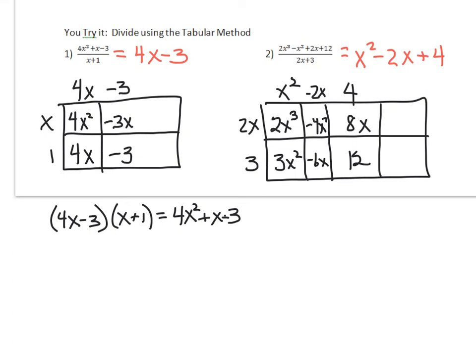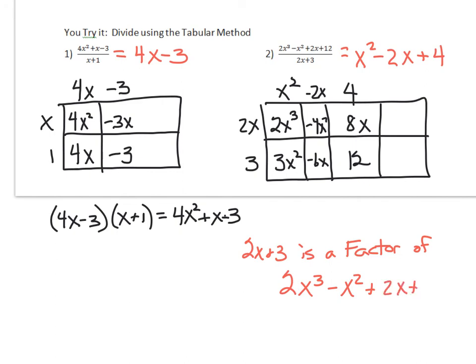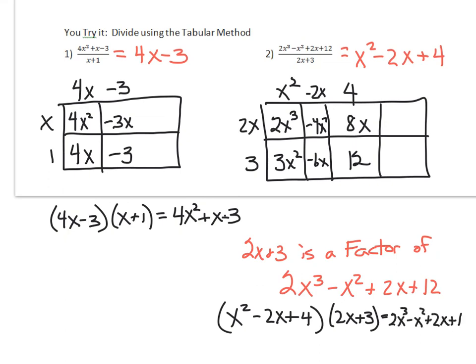So that told me, for example, in this problem, that 2x plus 3 is a factor of the original polynomial, 2x cubed minus x squared plus 2x plus 12, because I could write x squared minus 2x plus 4 times 2x plus 3 to get that original polynomial, 2x cubed minus x squared plus 2x plus 12.